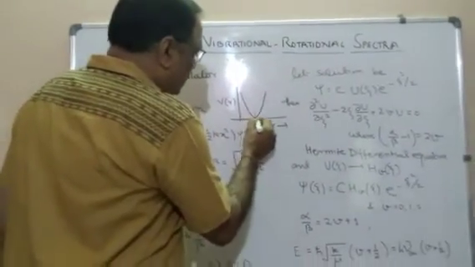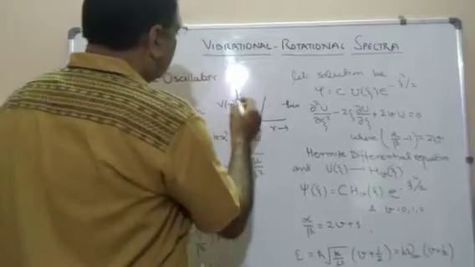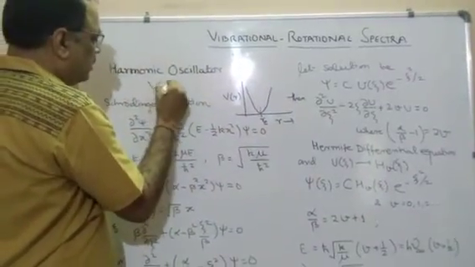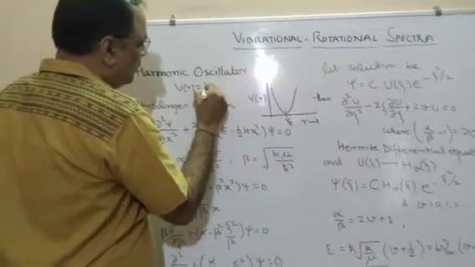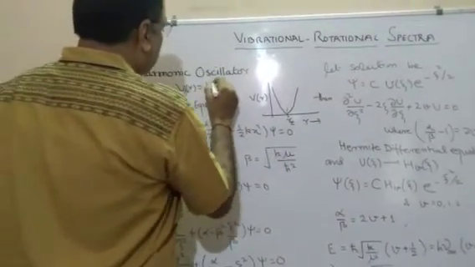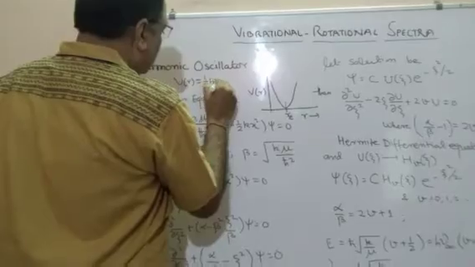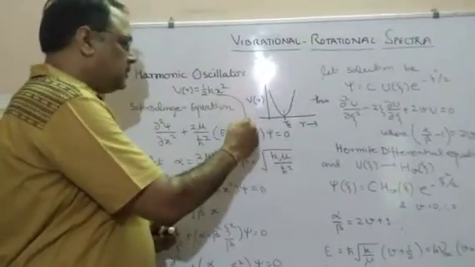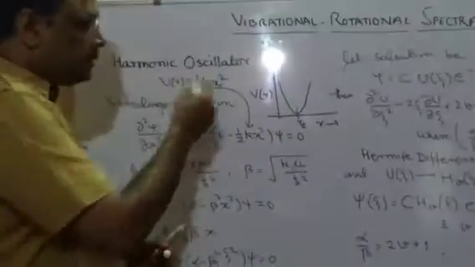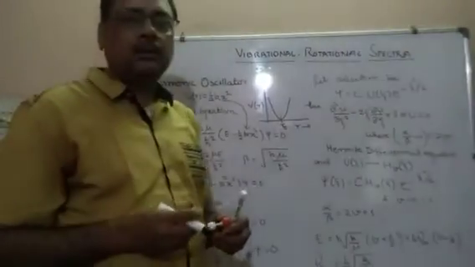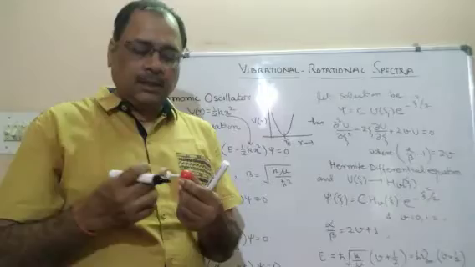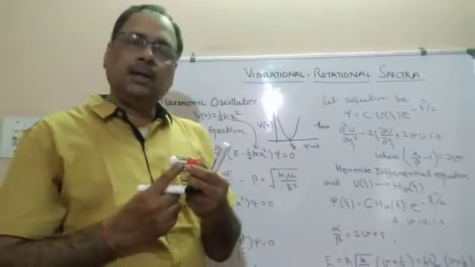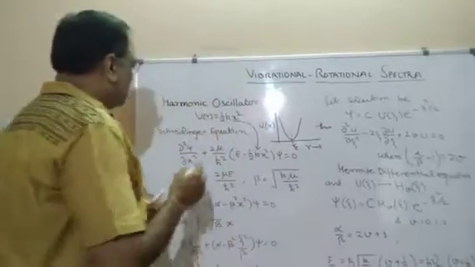So this distance will change, and what will be the equation for V(R)? We know that it is one upon two k x square, parabolic. Here k is the spring constant between the two atoms, as if there is a spring between them.